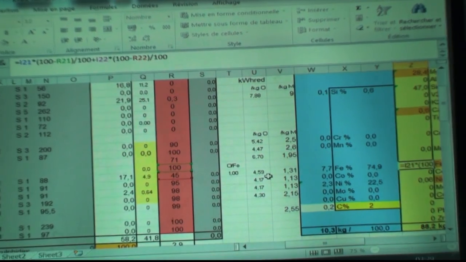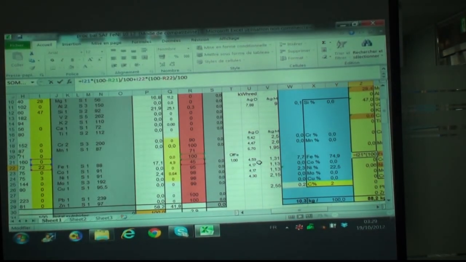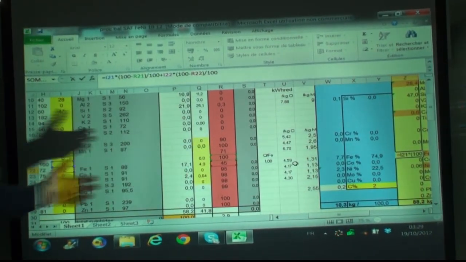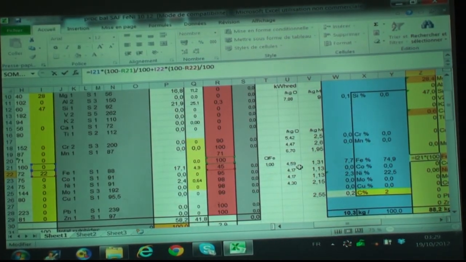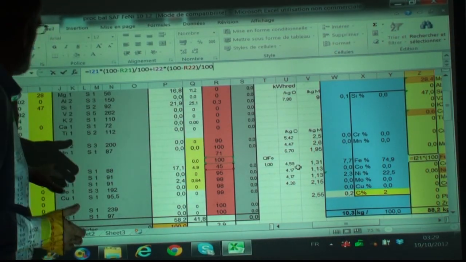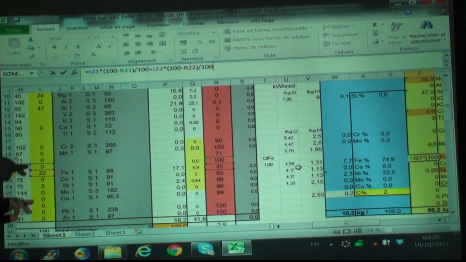The reason is that for ferromanganese, I changed something here. I don't remember exactly. It was changed afterwards. It was not done together. But I explained here that this formula is true in any case, because in any case, if you have Fe2O3, even if you don't have a kiln, you have something here.